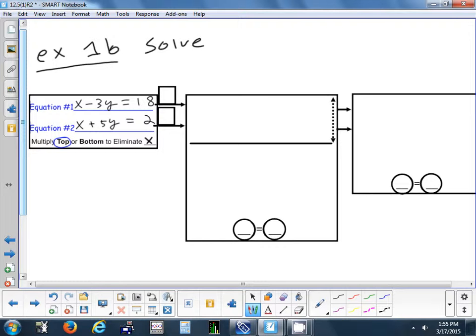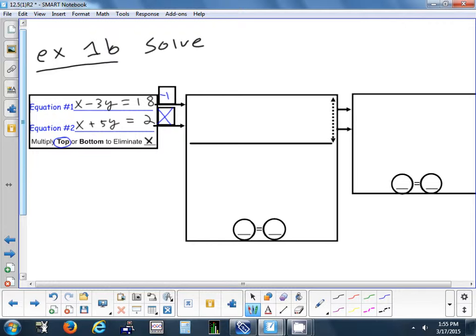Okay, so now the question is, what would you multiply the top by to eliminate x? It's got to be negative because we're trying to eliminate x. It's negative 1. Perfect. Negative 2x. Calm down, Isaiah.